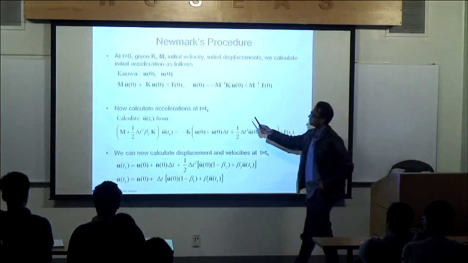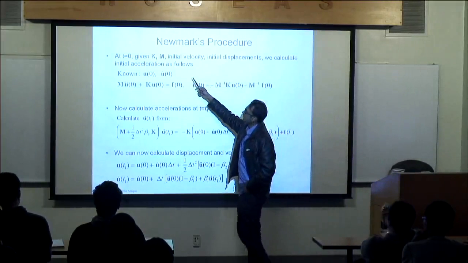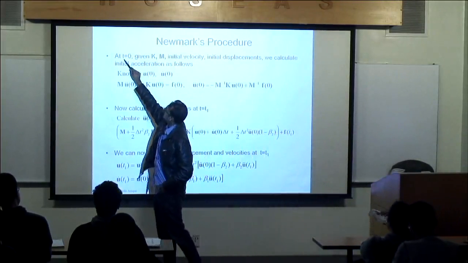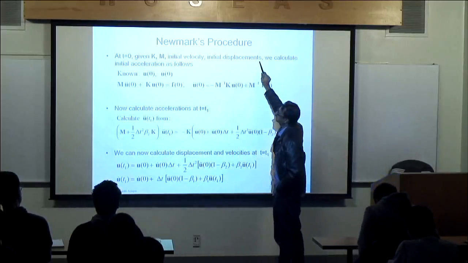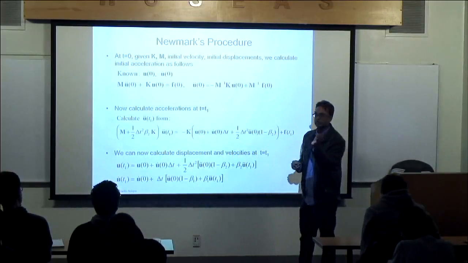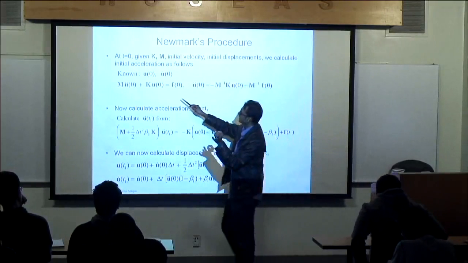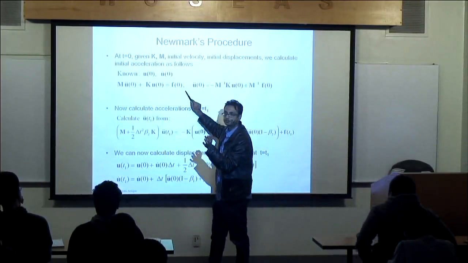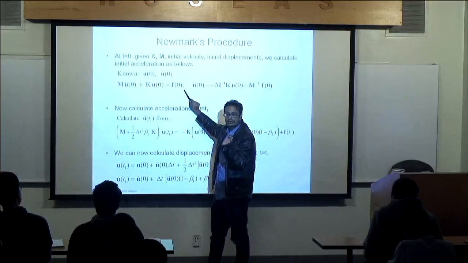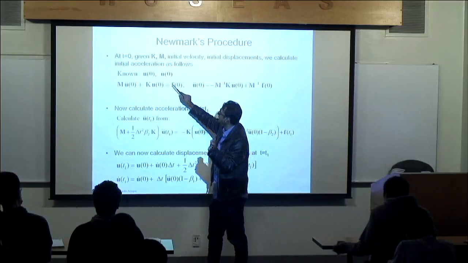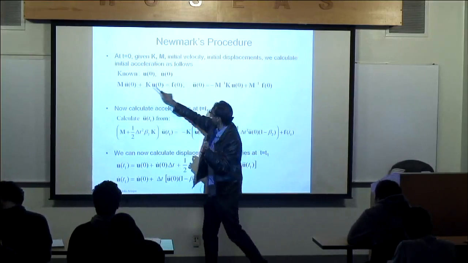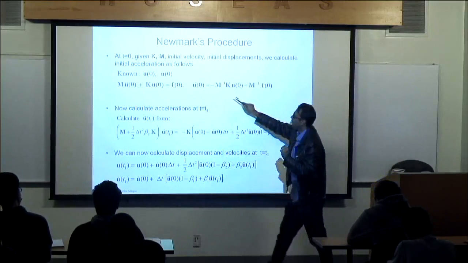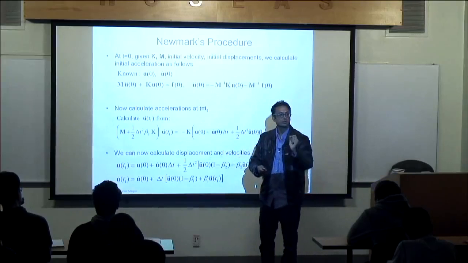So in a particular problem, if I'm given initial velocity and initial displacements at t equals 0, but I'm not given initial accelerations, then this equation has to be true. Is this true at every time? It is true. So I know this guy, I know that guy. You can calculate accelerations from this equation.